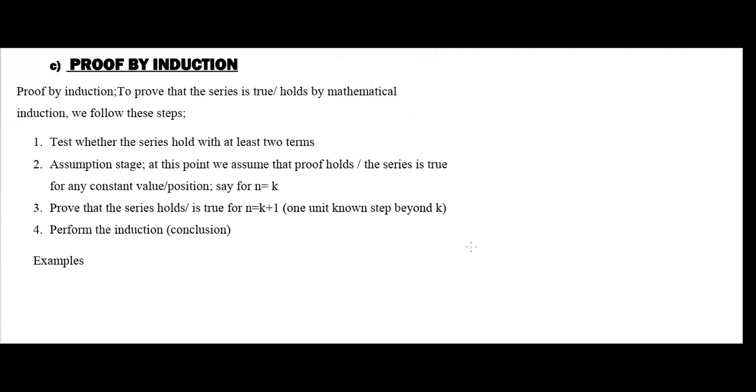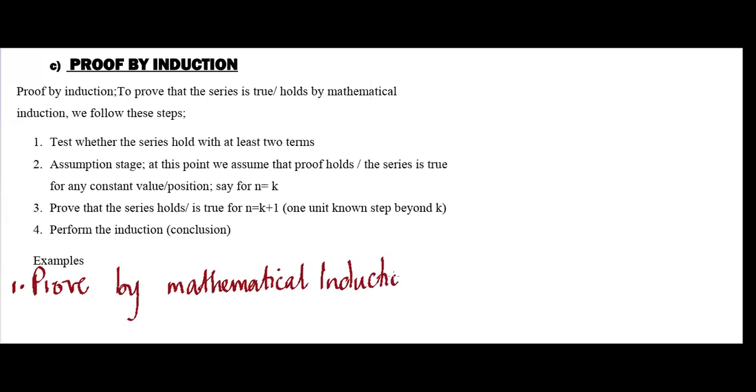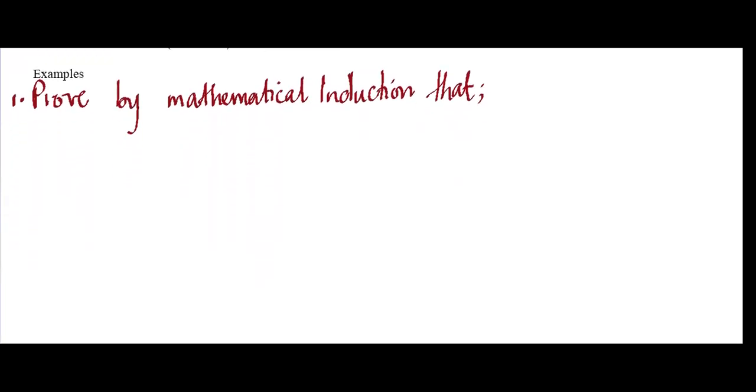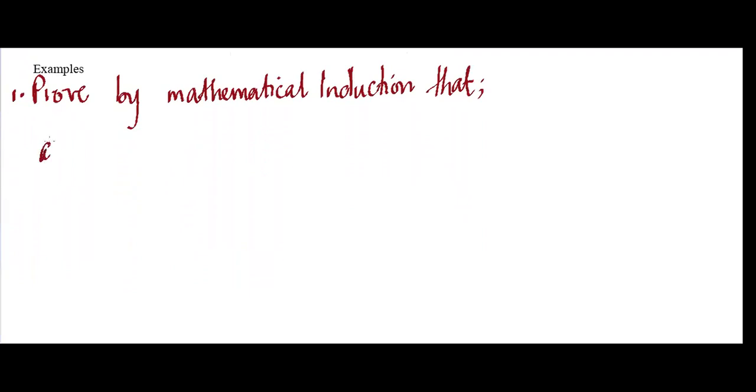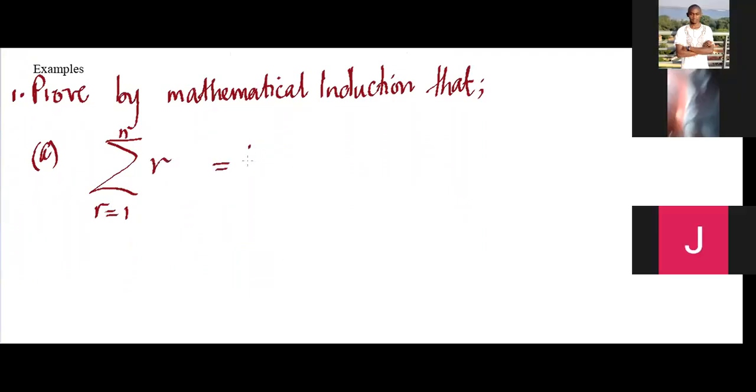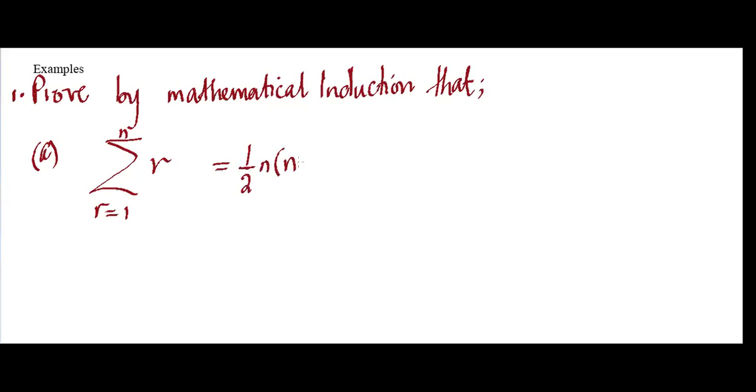So in the examples, example 1: prove by mathematical induction that, part A, the summation of r equal to 1 up to n of r is the same as a half n into n plus 1.